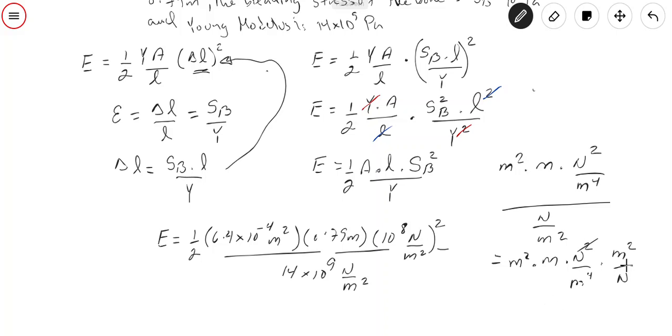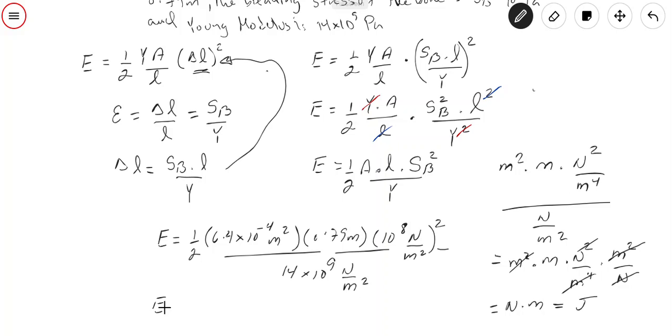I will simplify this Newton with this one. I will simplify this meter squared times meter squared is meter to the fourth with this meter to the fourth I have over here. And my output unit is going to be meters times Newton or Newton times meter. Newton times meter is going to be the same as Joule. So we are working with the correct units. All the units are correct, so we don't have any problem here.